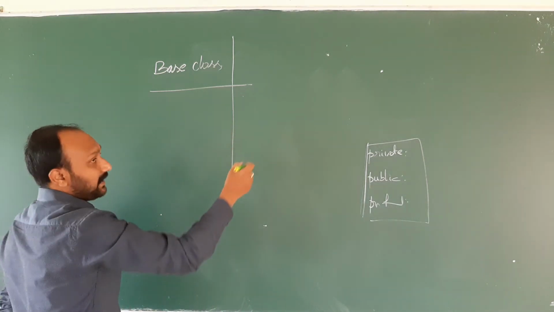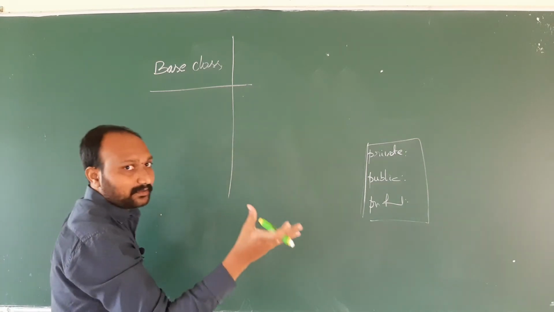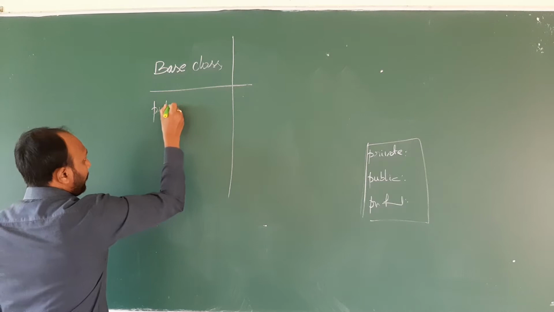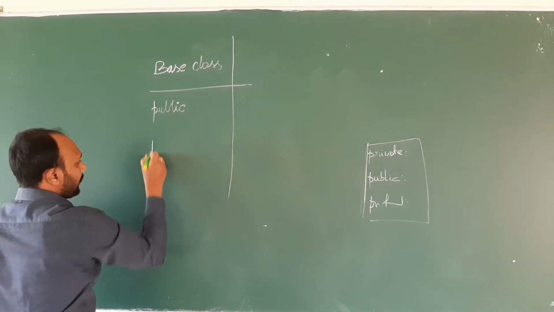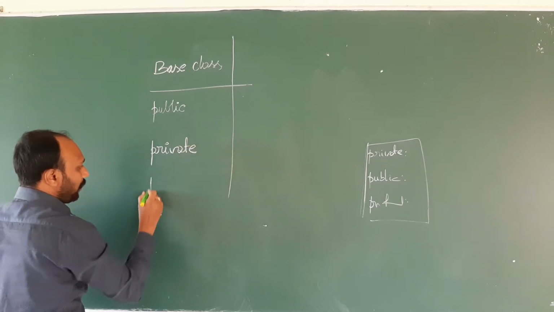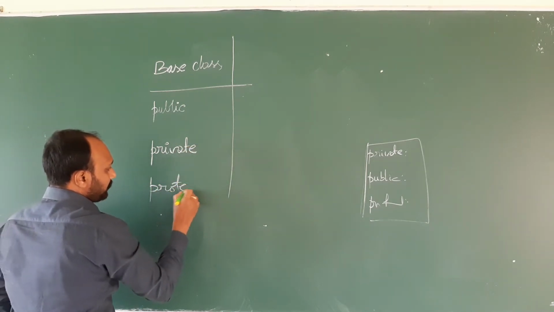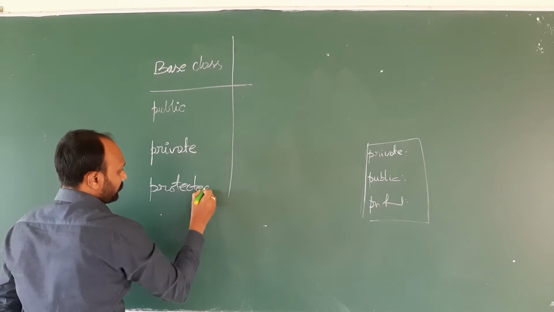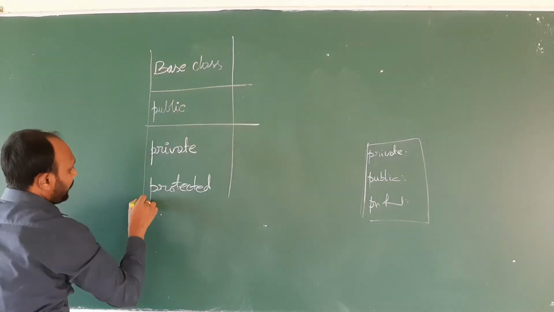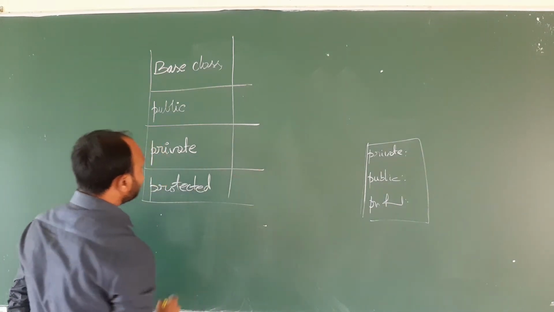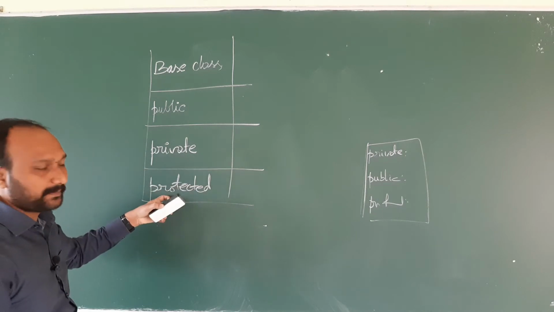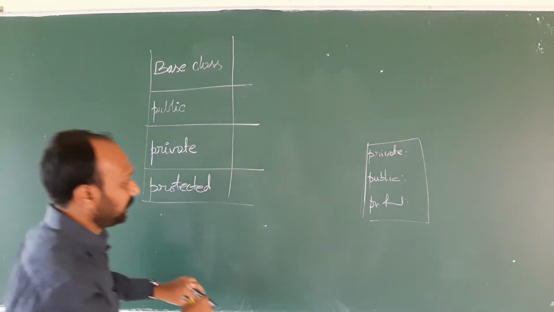So the base class will have 3 access specifiers: public, private, or protected. Base class data can be kept in any of them.